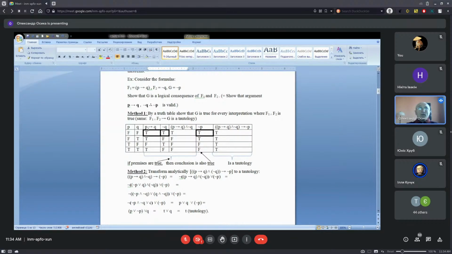So this is a truth table for the first premise. This is a truth table for the second premise, not Q: not false is true, not true is false. Both premises are true only for this interpretation.